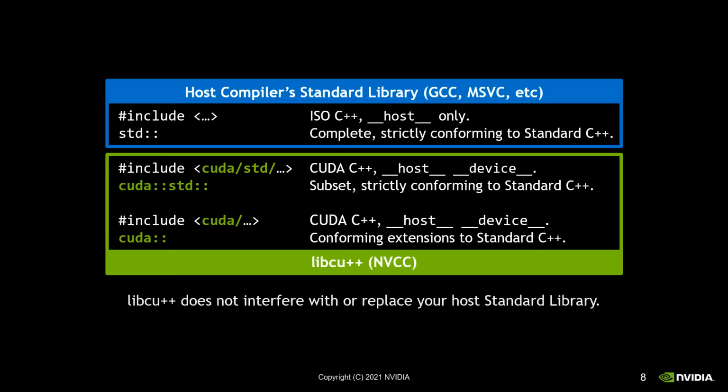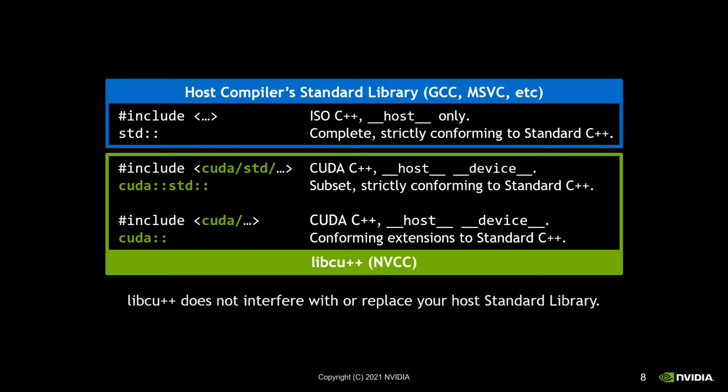In 2019, we launched libcu++, an opt-in, heterogeneous C++ standard library subset for NVCC. libcu++ is distinct from your host compiler's standard library. It doesn't provide the standard library facilities in the std namespace, because with NVCC, we don't control that namespace.